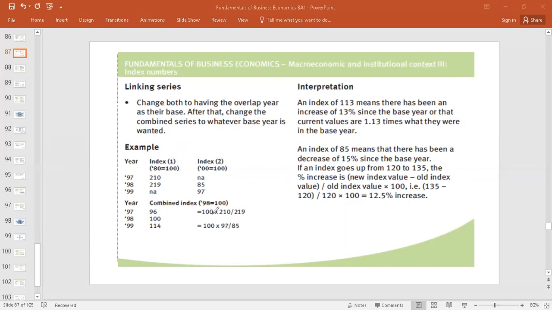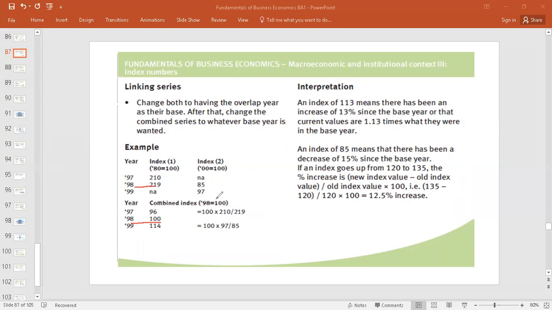Then if 98 is equal to 100, taking the base as 98, the index 1, which is given here, is 219. Okay, if 219 represents 100%, the previous year 97 is what percentage?